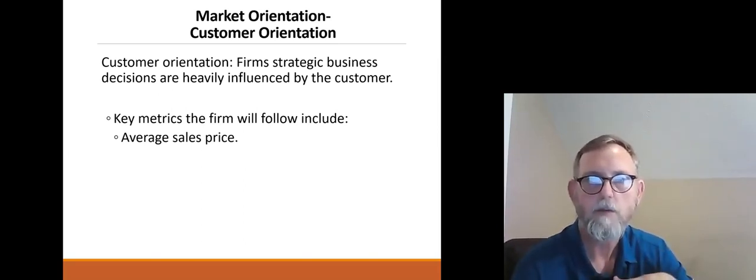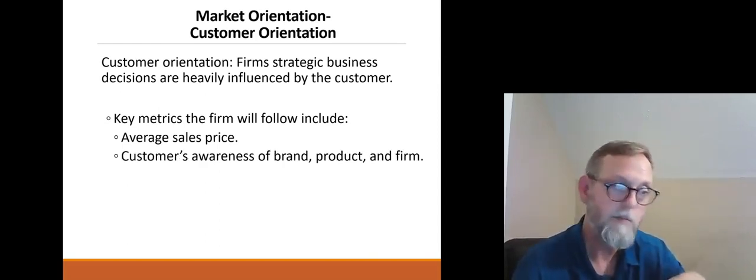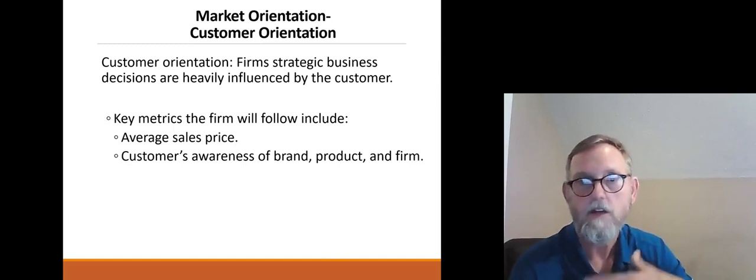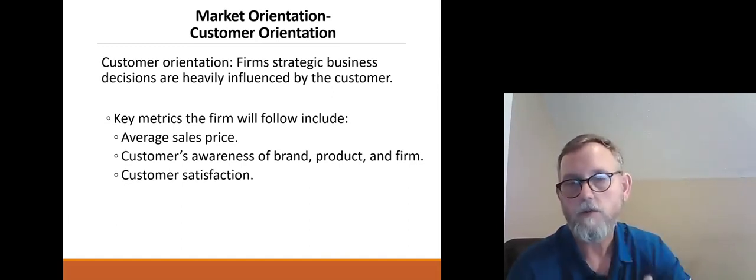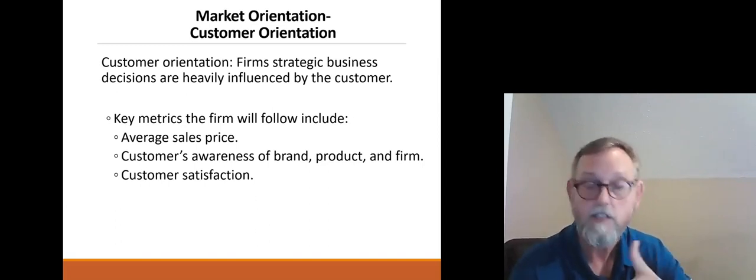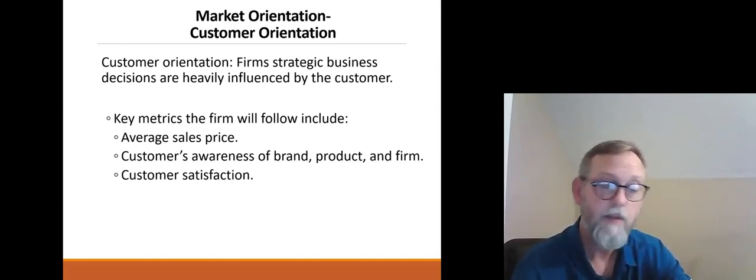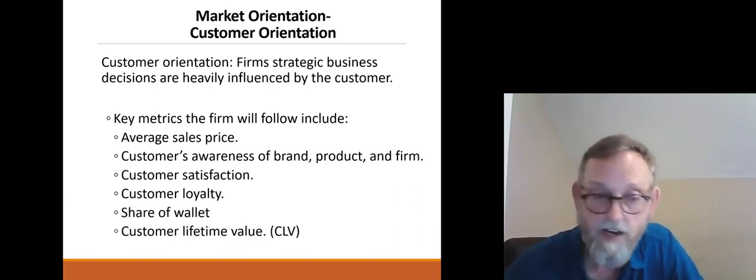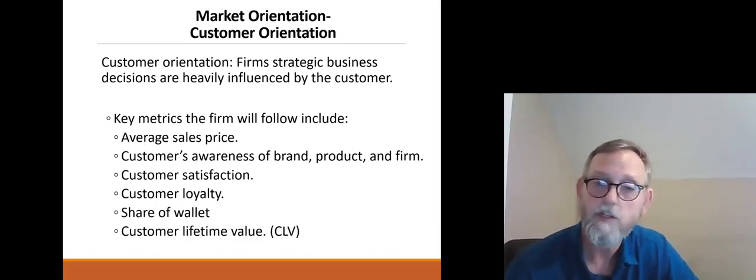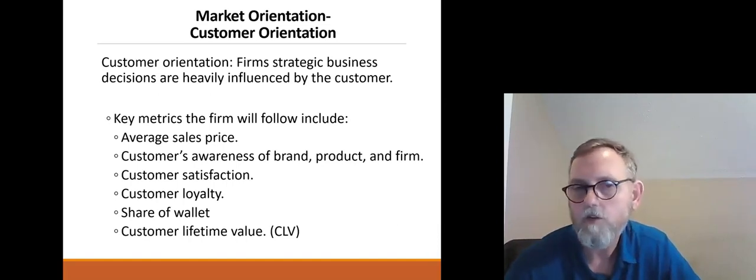If you're a manager in a firm like this, you're constantly looking at customer awareness levels, customer satisfaction level, how much the customer pays, the price, loyalty, something called share of wallet, and ultimately customer lifetime value. These are all metrics we measure.